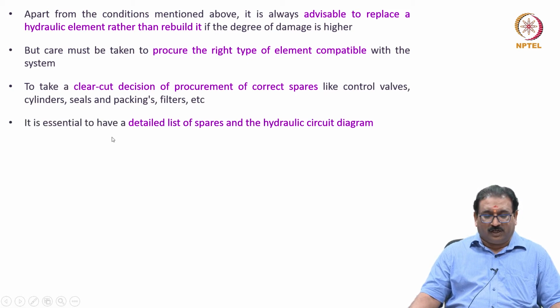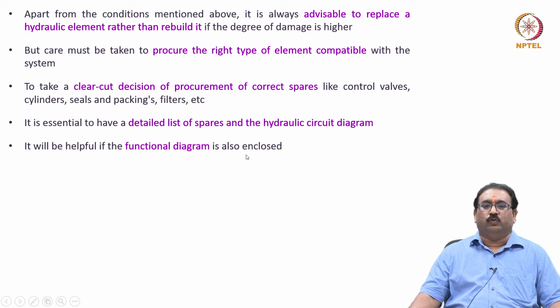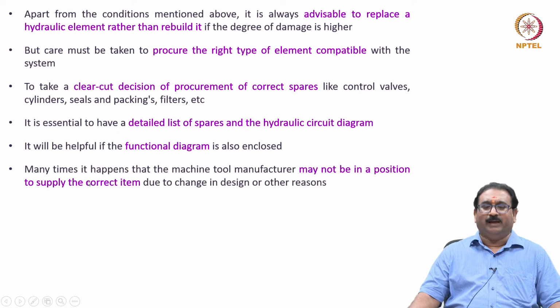So, it is essential to have a detailed list of spares and hydraulic circuit diagrams in hand. It will be helpful if the functional diagram is also enclosed. Many times it happens that the machine tool manufacturer may not be in a position to supply the correct item due to change in design or other reasons.